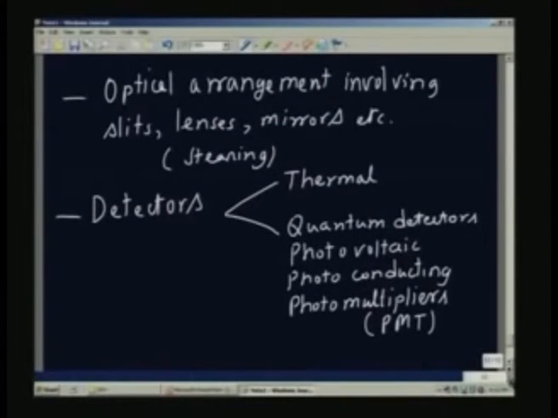Apart from this, we also require some accessories. Like in the case of reflection measurement, I have to have an arrangement by which radiation can come at a certain angle, and I must be able to measure the reflected part at another angle.